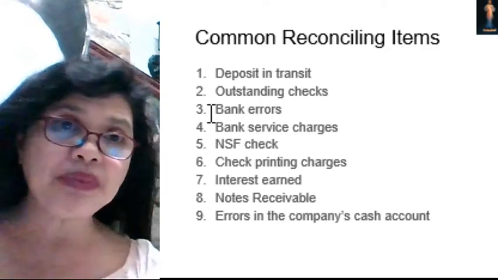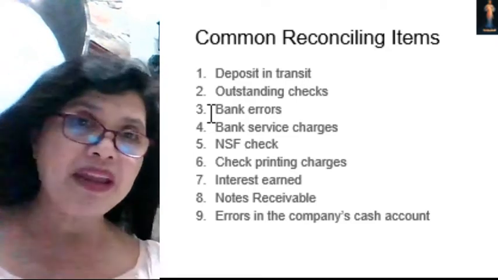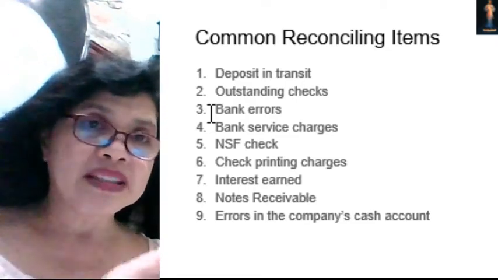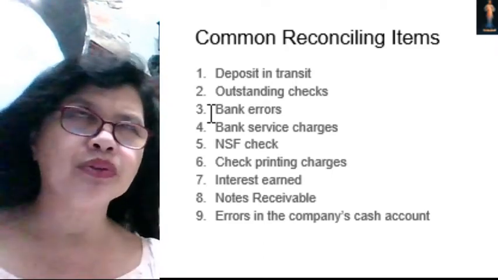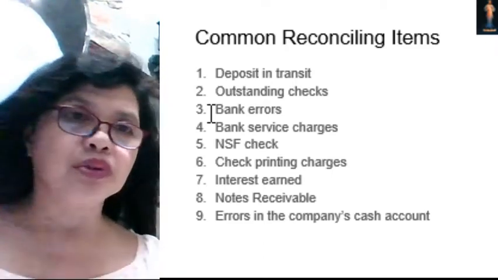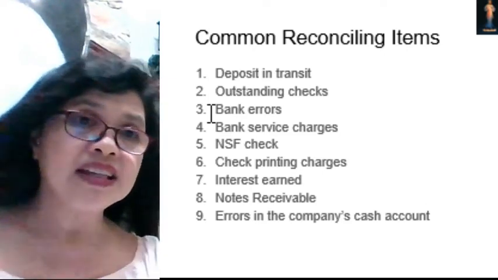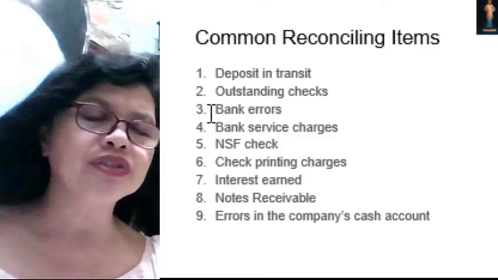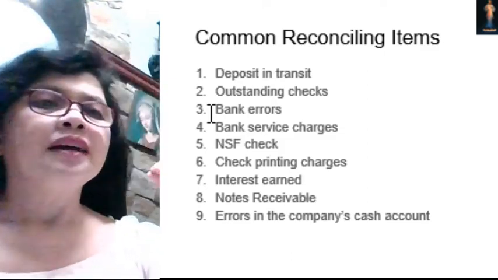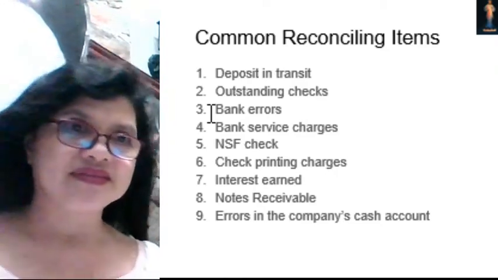So it has not been presented to the bank by the payee for payment until April 3. So the bank statement for March does not reflect this amount. It doesn't reflect the amount which Maria did not encash yet in the bank.